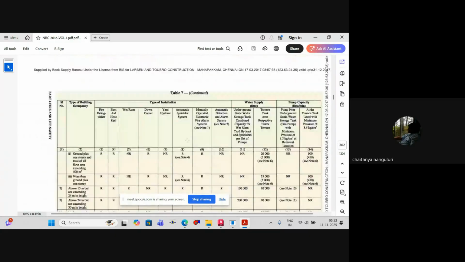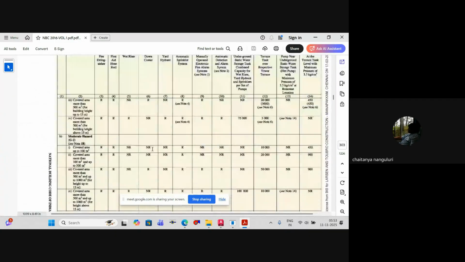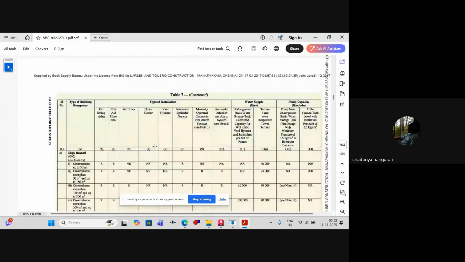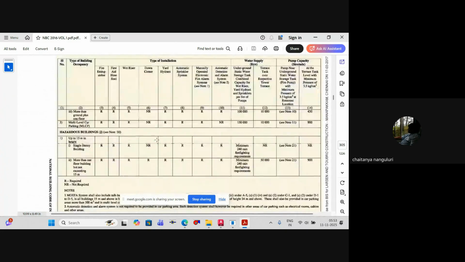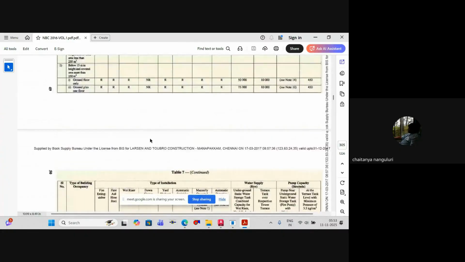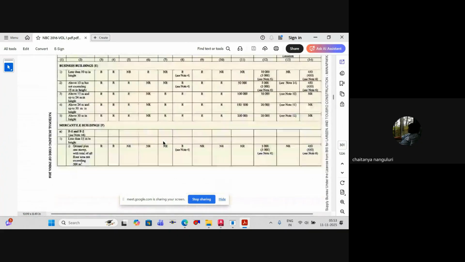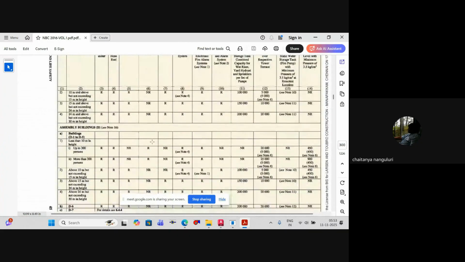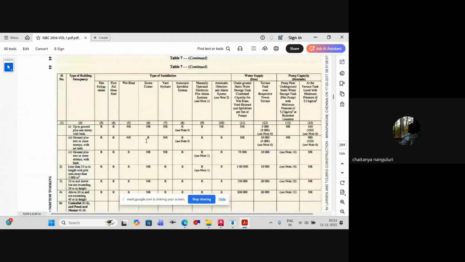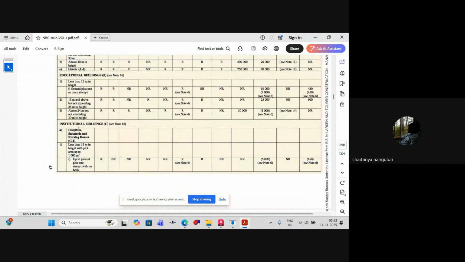So we have to refer to institutional buildings. Then there are industrial, moderate hazard, storage building, hazardous, mercantile, and assembly buildings. Yeah, institutional buildings we have to consider. So institutional buildings less than 15 meters with a plot area up to 1,000 square meters.